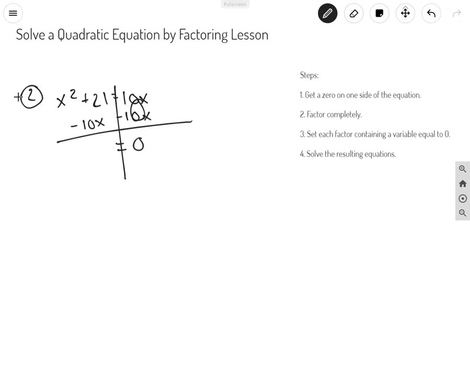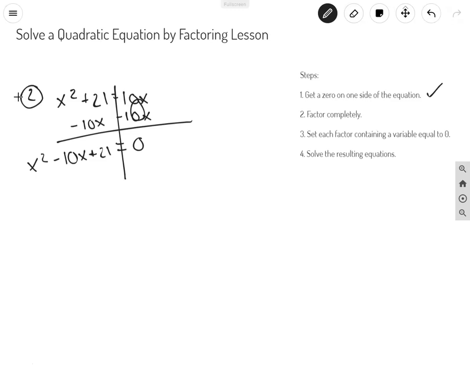So I'm not going to combine it, I'm going to write it out long. There's x squared, usually we have the x term in the middle, minus 10x, plus 21. Now I have x squared minus 10x plus 21 equals 0. Step 1 is done. Step 2, factor completely.